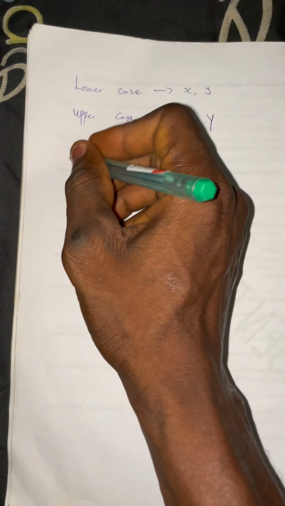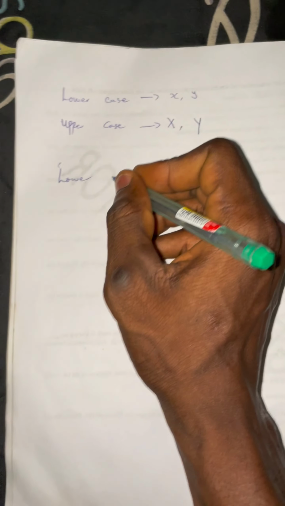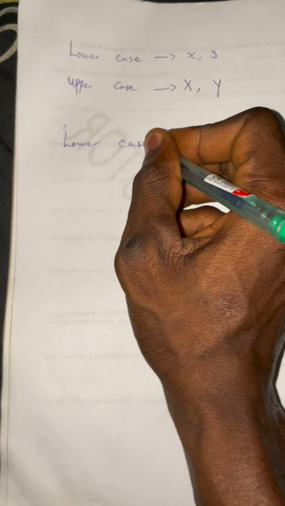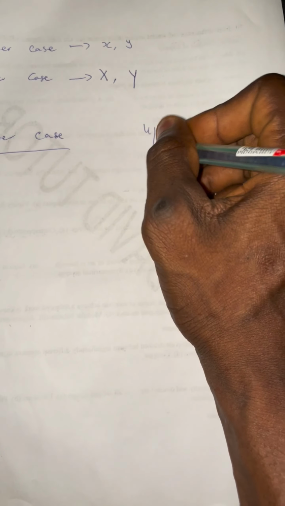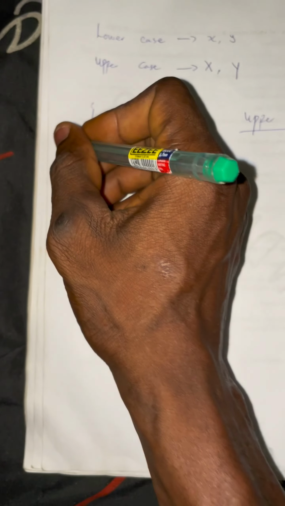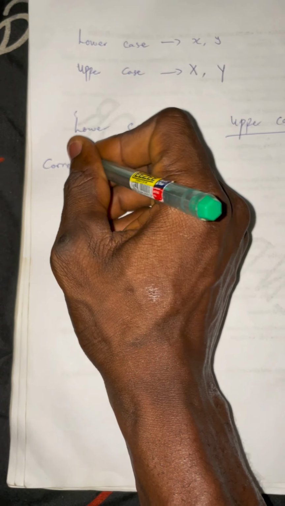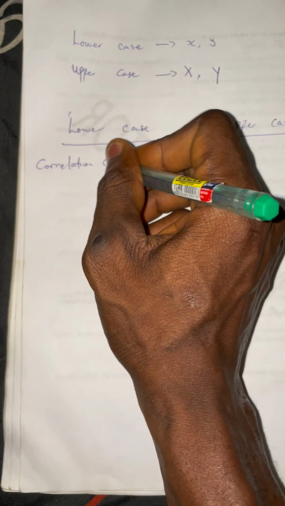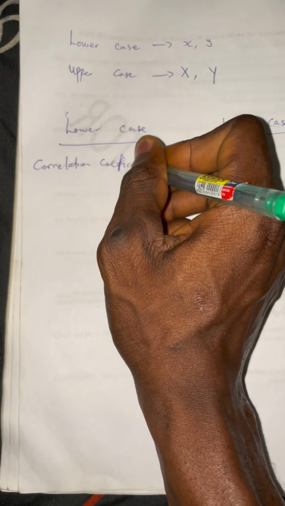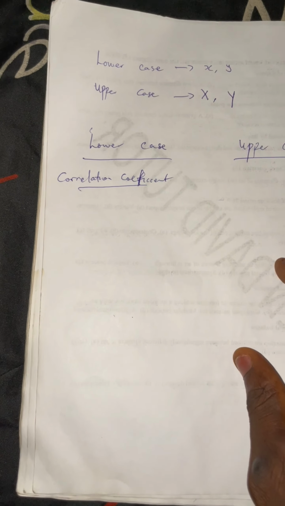Now, let's start with the lowercase and the uppercase. The formula for the correlation coefficient goes thus.